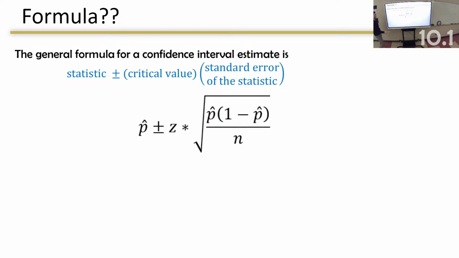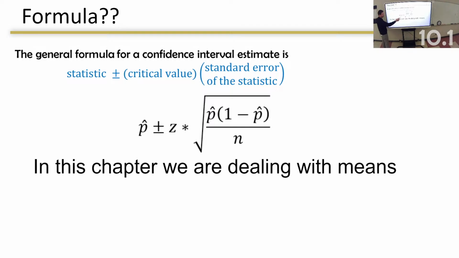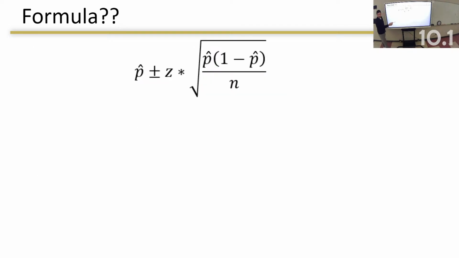What's going to change is we're moving from this formula to means. Instead of p hat, we now have x bar. Not a big deal. It's still a statistic, and statistics come from samples, and that's what x bar is. It's completely different from p hat. For right now, I'm going to tell you that the critical value is z, but it's not going to be z; we'll change that.